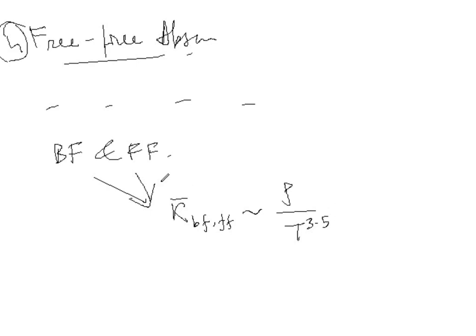This dependence is known as Kramers opacity law. This is a very important concept.